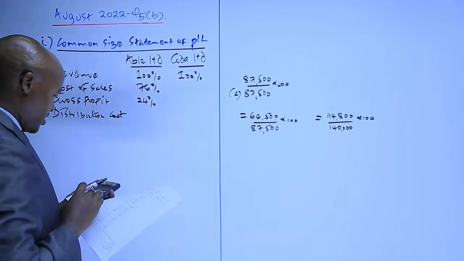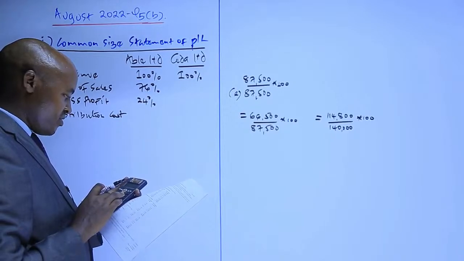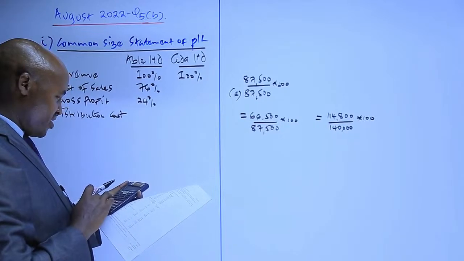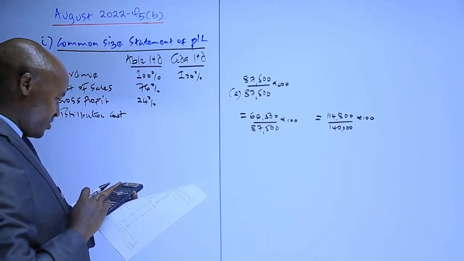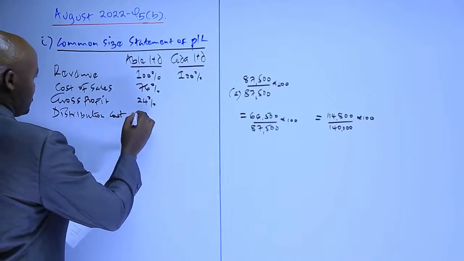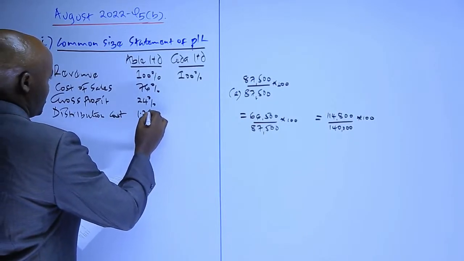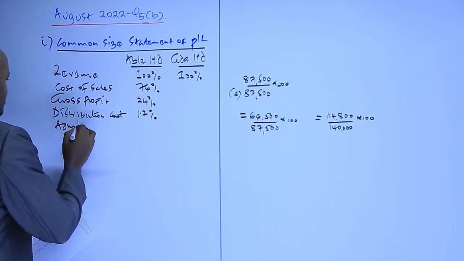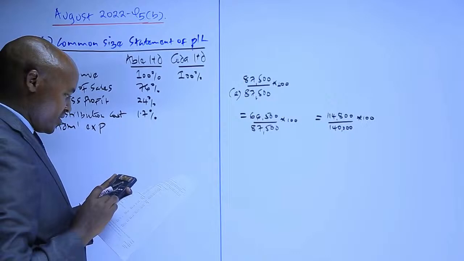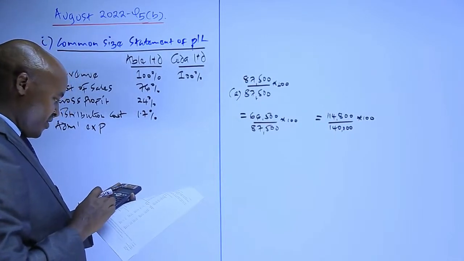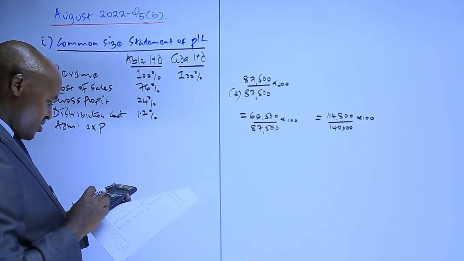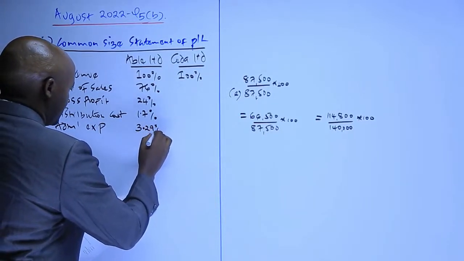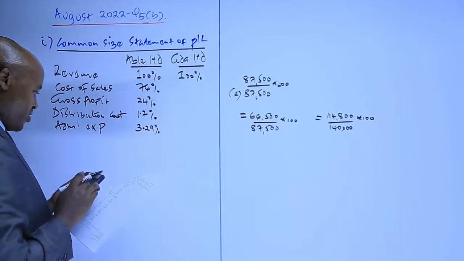The distribution cost is a figure of 1495 divided by 87,500 times 100%. That will give us 1.78%. Then we have the administrative expenses, which is 2880 divided by revenue 87,500 times 100, which will give us 3.29%. Then we have the operating profit.